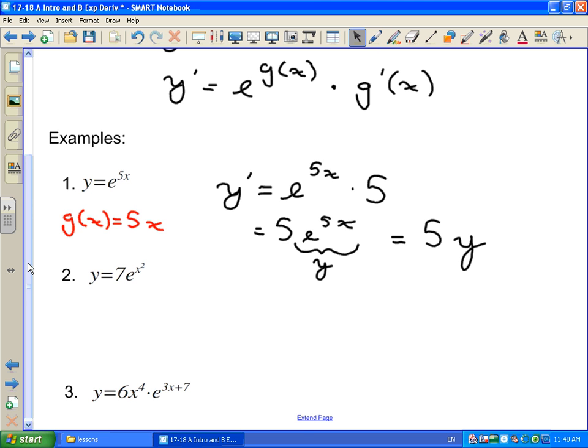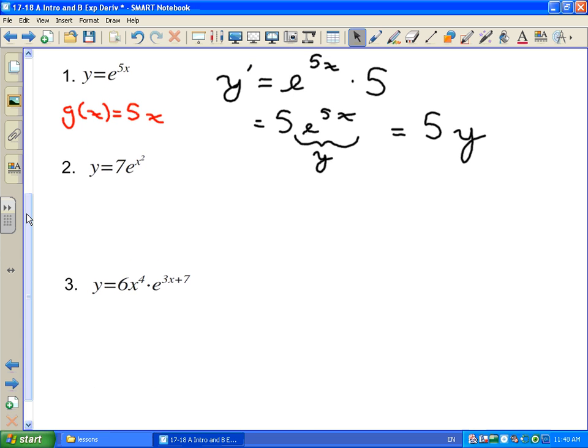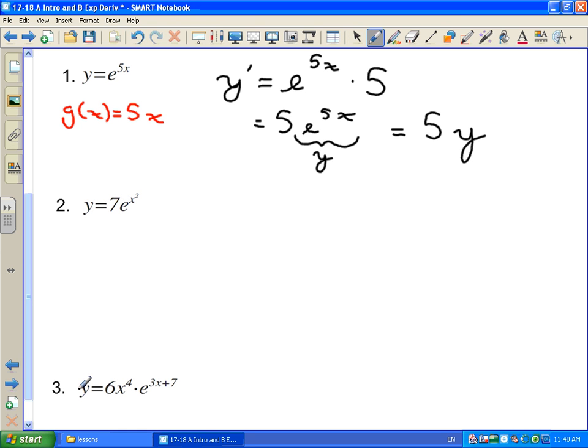All right, so let's look at the next example here. Give myself a bit more room. All right, our next function here is y equals 7e to the x squared. Again, we're going to be using the chain rule. Our inner function, g of x, is what's up there in the exponent, x squared.